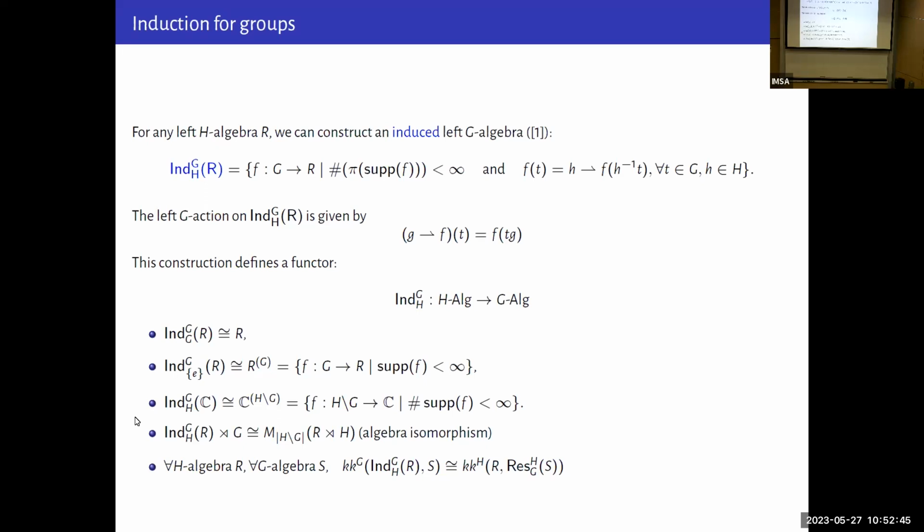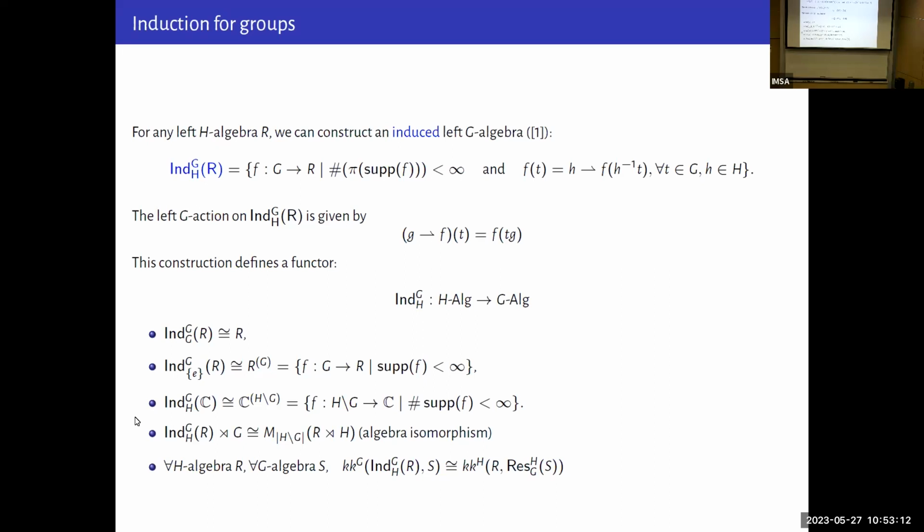If the algebra has a trivial action, that is an action of the trivial subgroup of G, then this induced algebra is the algebra of functions from G to R finitely supported. Now, what happens if we put here what for me is the trivial algebra? Here I put complex numbers because I'm interested in complex coefficients, but we can put here any commutative unital ring.